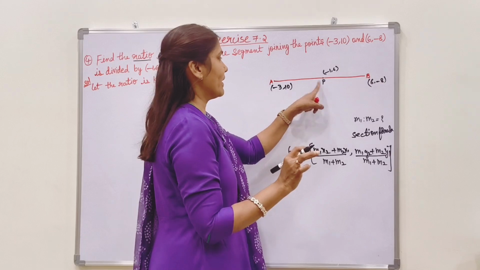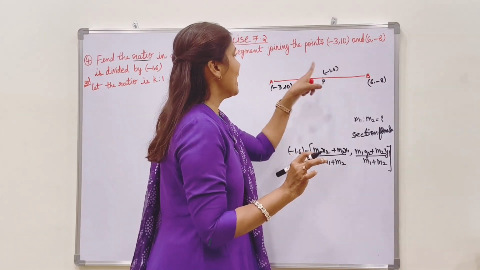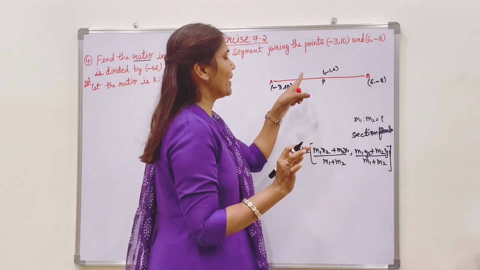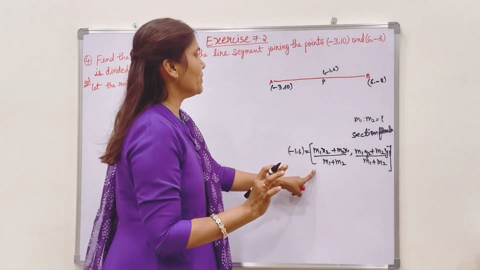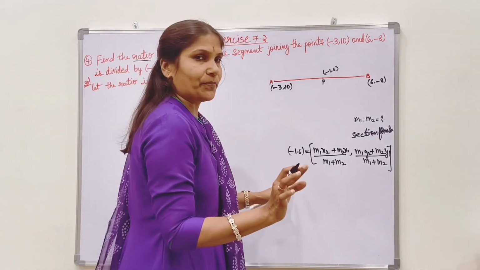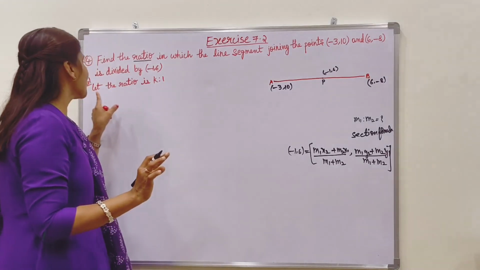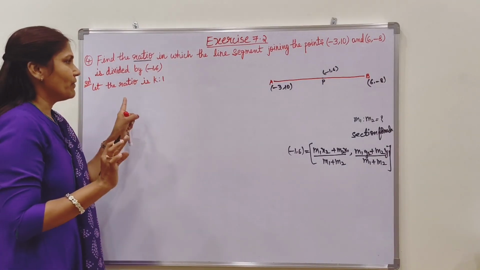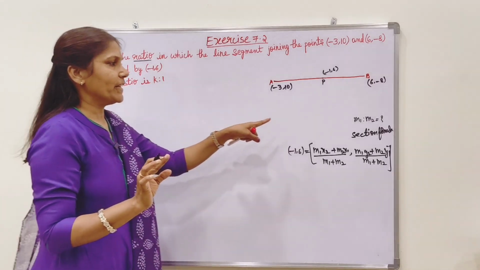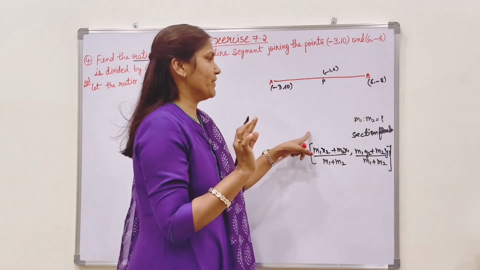To find the ratio, first let the ratio be K is to 1. The full detail of the section formula is in the introduction video.